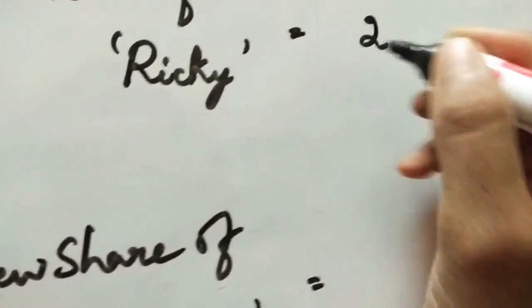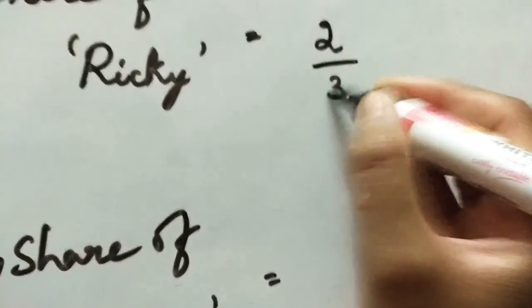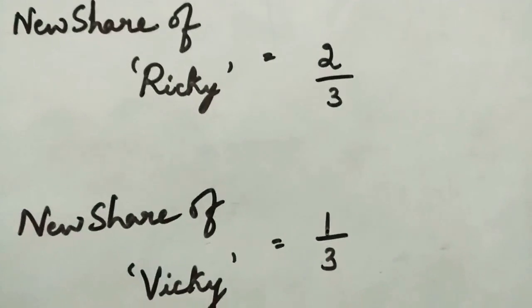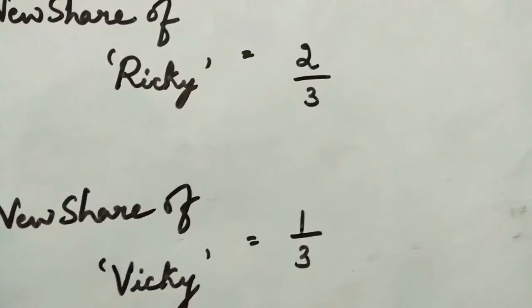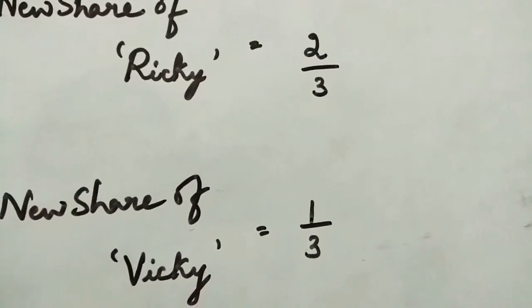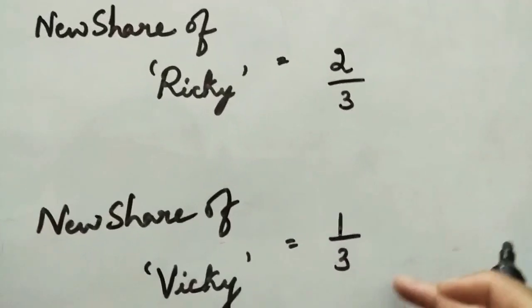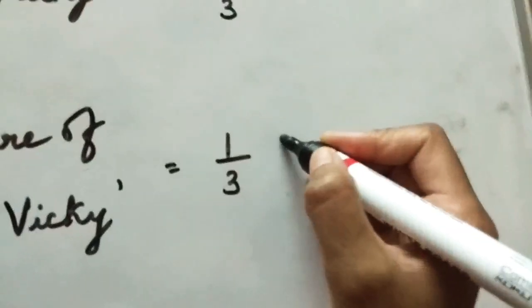What is agreed share? I said 2:1, in the sense 2/3 and 1/3. So 2/3 and 1/3. The total is 3. That is 2:1, which gives us 3 as a total. So 2/3 and 1/3. And then we have a product symbol.